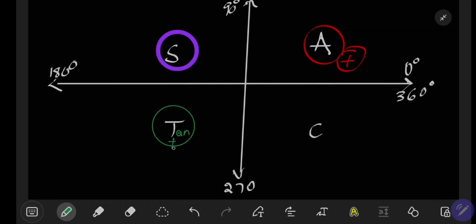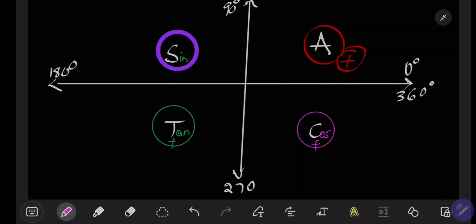Only tan is positive in this quadrant. Then between 270 and 360 degrees, we see the letter C, which tells us that cos is positive in this quadrant.